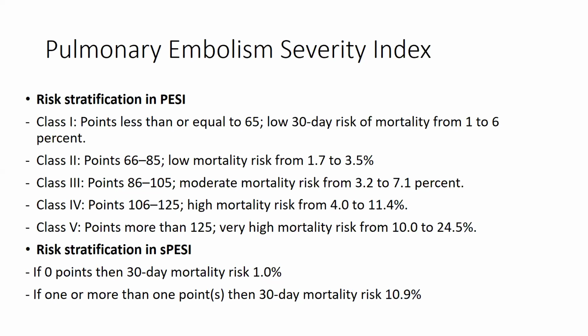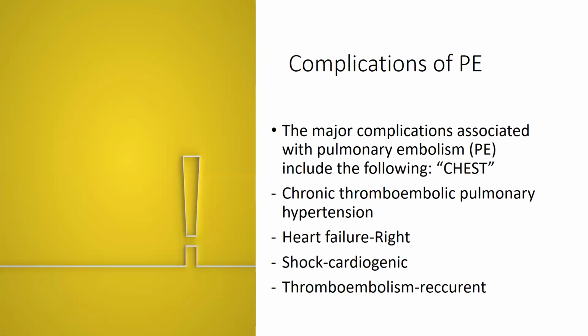And this is important, especially in counseling relatives in the ICU, to calculate the pulmonary embolism severity index. So complications of PE is also CHEST. You can have chronic thromboembolic pulmonary hypertension, because we remember we talked about the increase in pulmonary artery pressure, so it can become chronic.